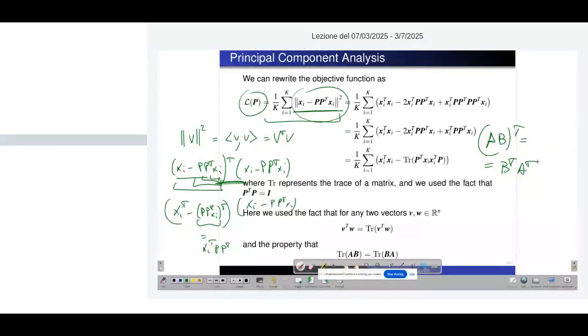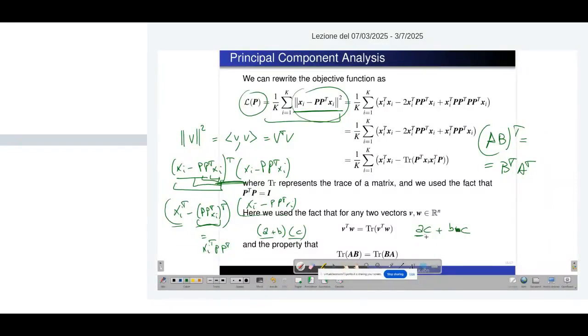Rules of matrices. So I bring the transpose inside, then I have a product between vectors. When I have A plus B times C, it behaves like numbers. It's equal to AC plus BC.